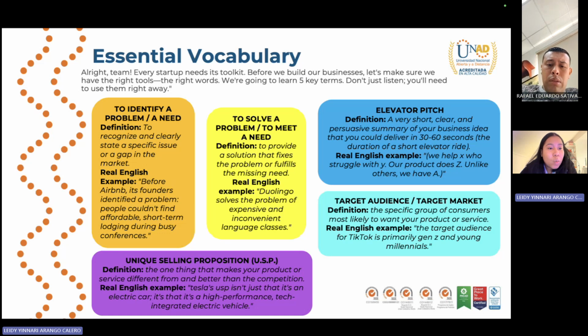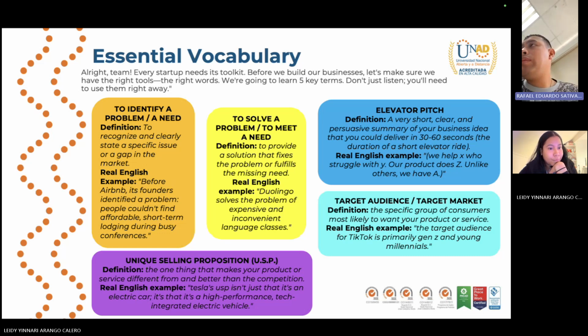Usually you could find this long term in this short abbreviation. For example, Avianca is USP better than LATAM, for example.